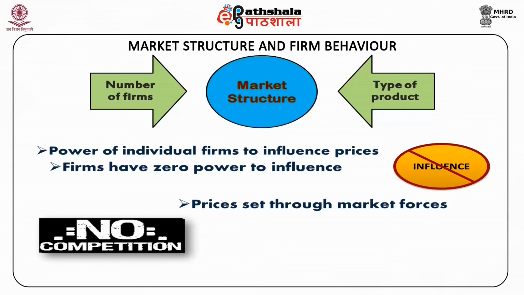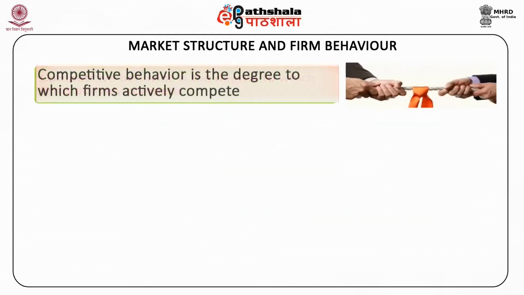This type of market structure is characterized by complete absence of rivalry among the individual firms. In such a market, firms can produce and sell any amount of output at the prevailing prices. Competitive behavior can be defined as the degree to which individual firms actively compete with one another.